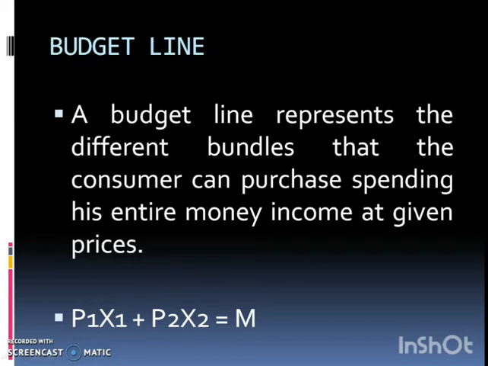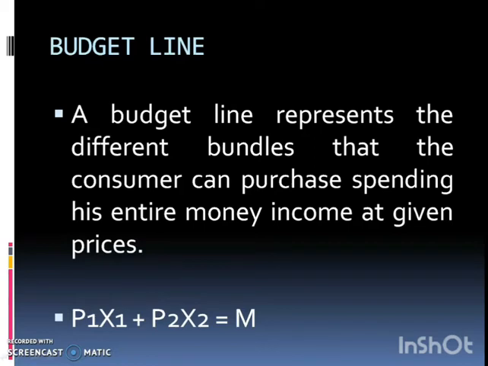A budget line represents the different bundles that the consumer can purchase spending his entire money income at given prices. In the budget line, the consumer sets his expenditure level according to his income and the price of the commodity.